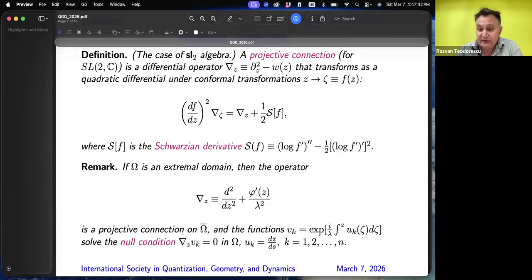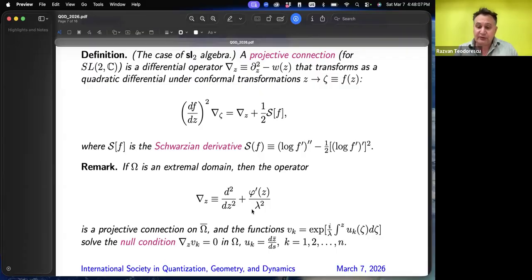They are given explicitly by these exponentials in which we integrate starting from a point on the boundary, going either along the boundary or into the domain. The unit vectors UK, which are basically the conjugate of the tangent vector along that curve, if necessary continued into the domain.